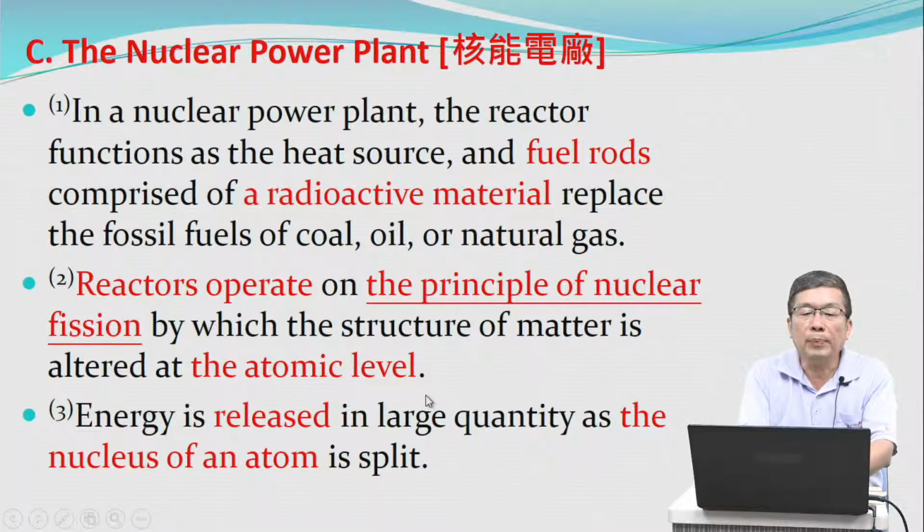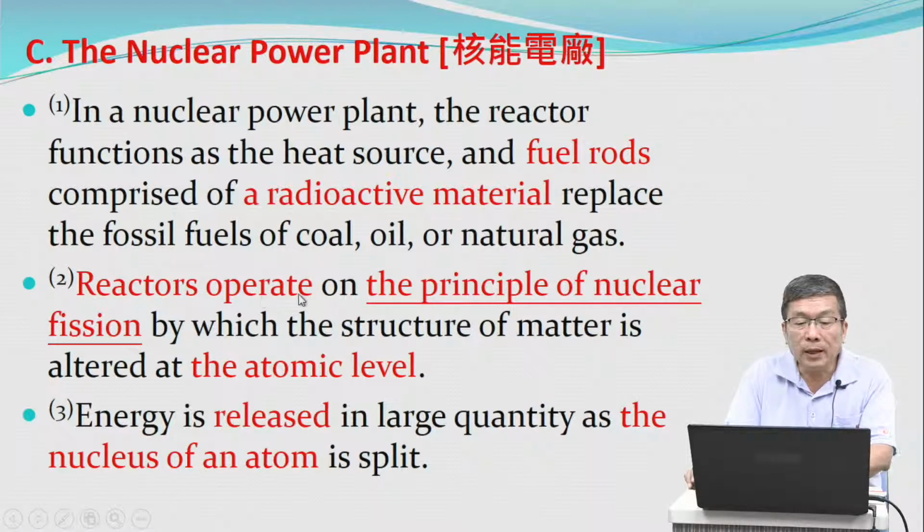The nuclear power plant. In a nuclear power plant, the reactor functions as the heat source, and the fuel rods comprised of radioactive material replace the fossil fuel of coal, oil, or natural gas.